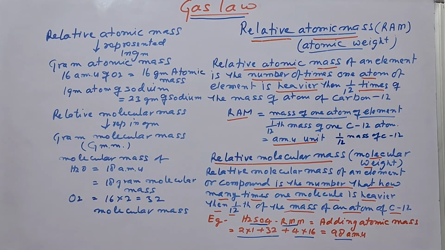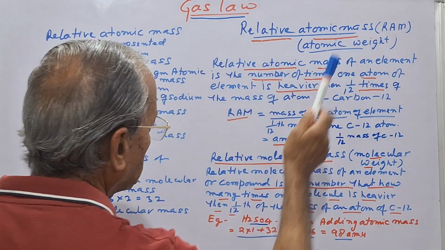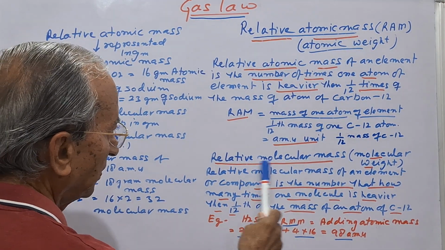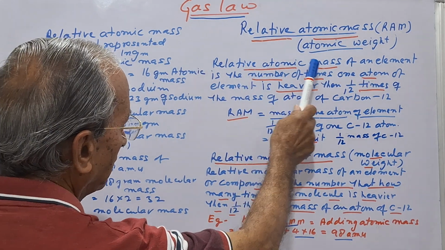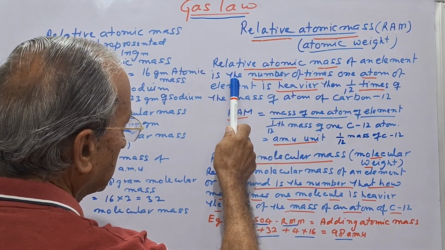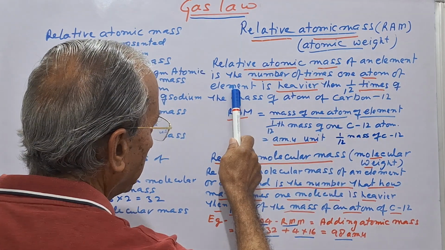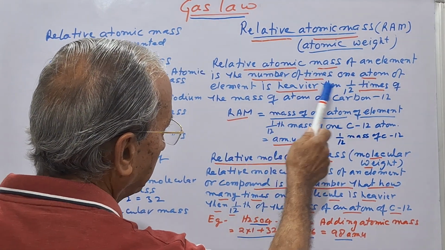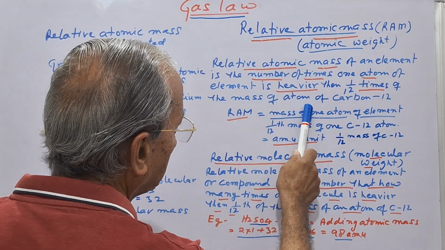So this is how we can define relative atomic mass and relative molecular mass. Simply, the relative atomic mass of an element is the number of times one atom of an element is heavier than 1 upon 12 of the mass of the atom of carbon 12.